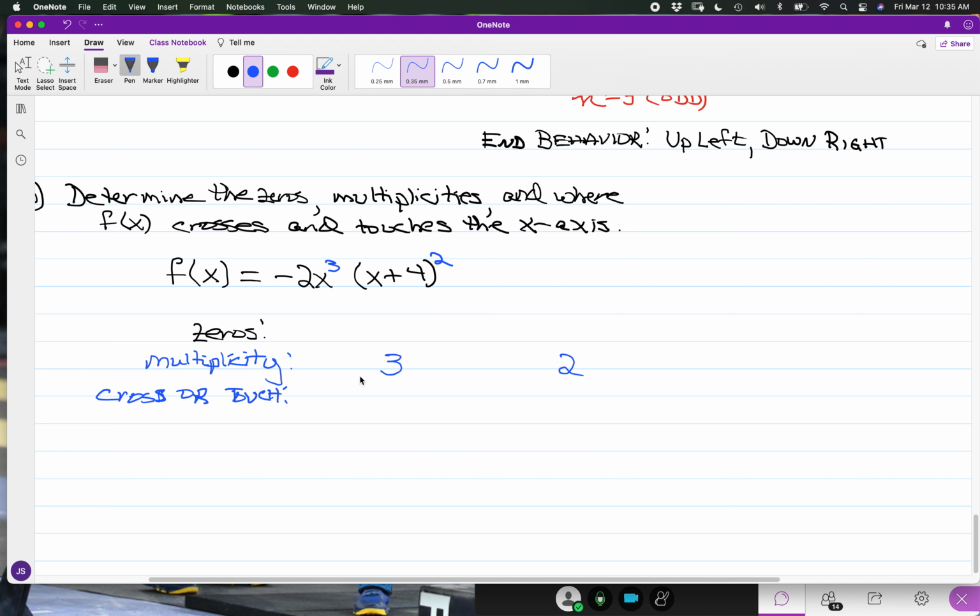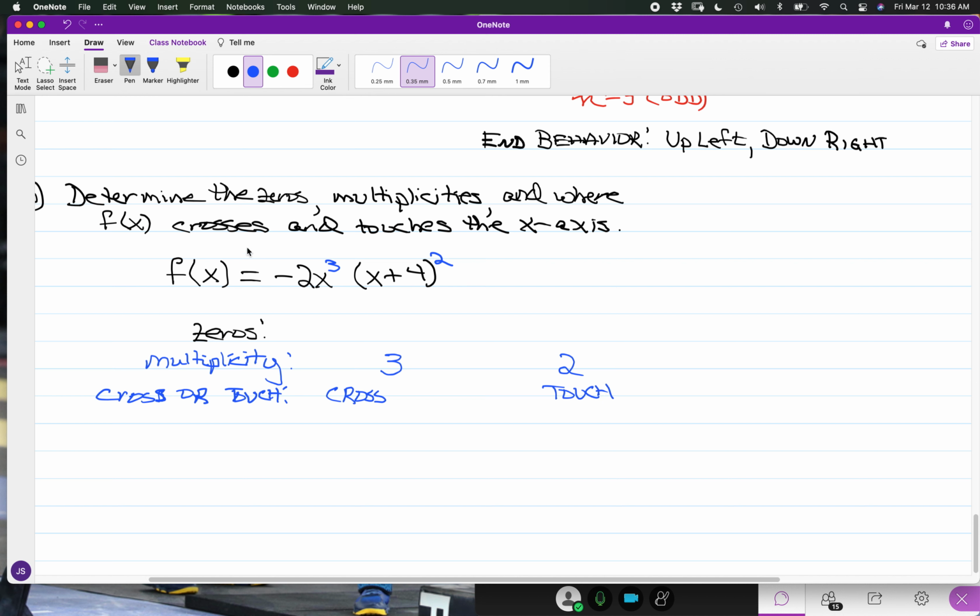The graph of a function is going to cross the x-axis at the locations where we have odd multiplicity, and the graph is going to touch where we have even multiplicity. Okay, so 3 is an odd number, so it's going to cross. 2 is even, so it's going to touch at that particular zero.